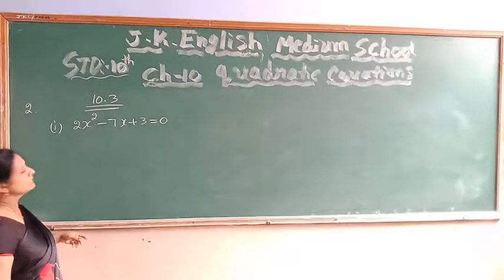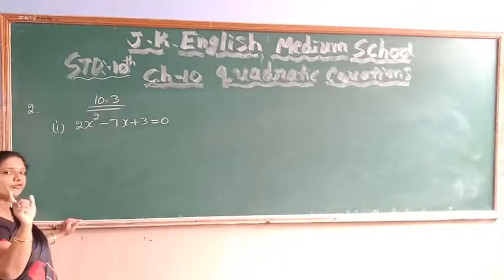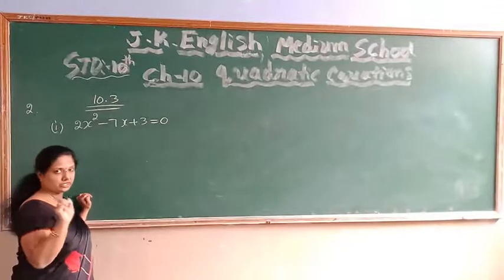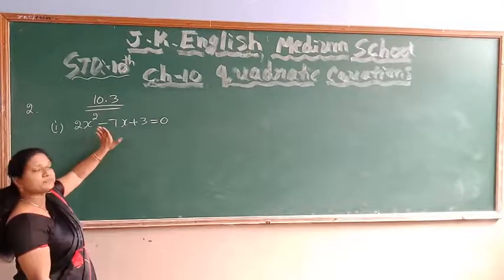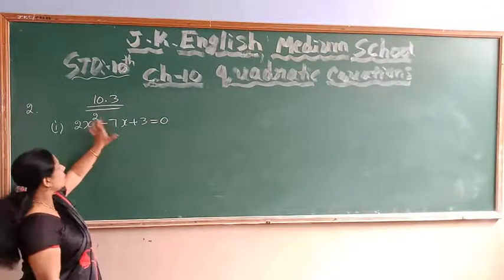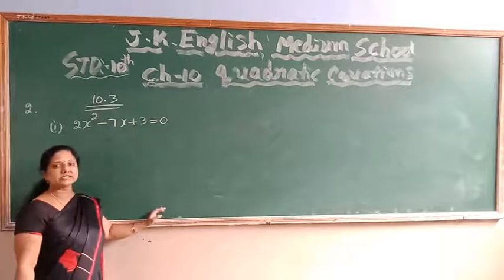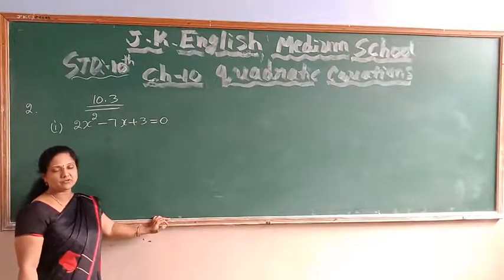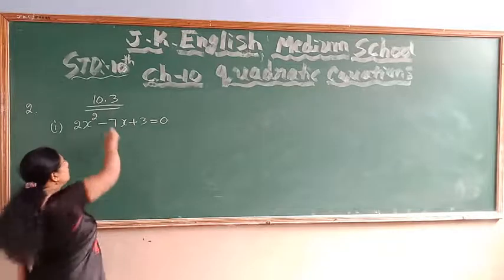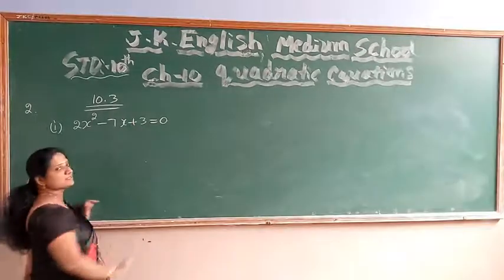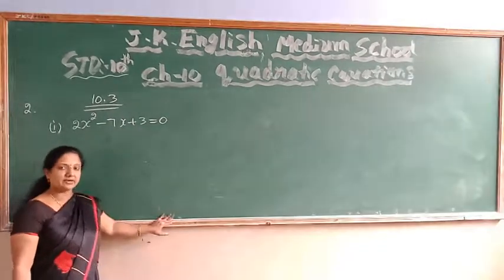Children, when they tell you to solve by using the quadratic formula, first observe the question, whether all three terms are arranged properly according to the standard form of a quadratic equation or not: the power 2 term, the power 1 term and the constant. Okay, this question is already arranged.